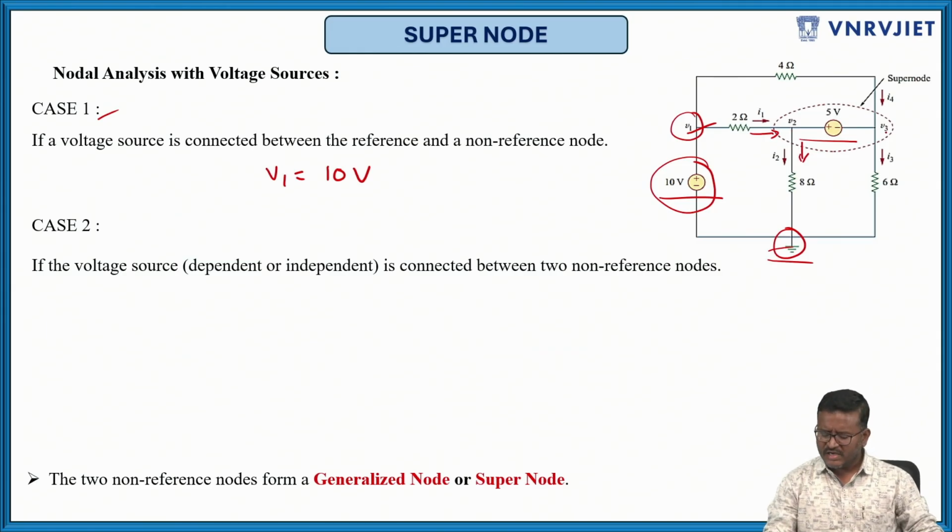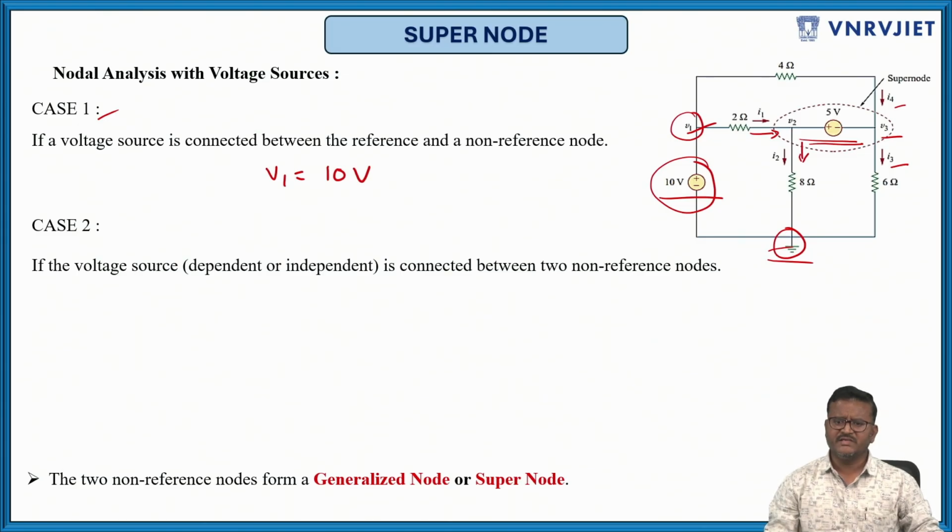Or if you observe the V3 node, can we apply KCL at that node? Let us see. I3 is leaving that node, and I4 is incoming to that node. And what about this branch current? That is the problem. We can't apply KCL there.